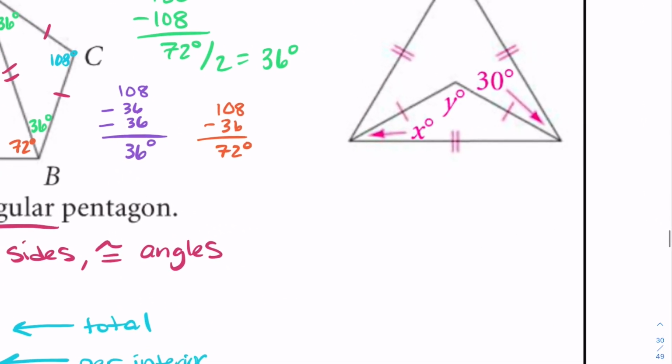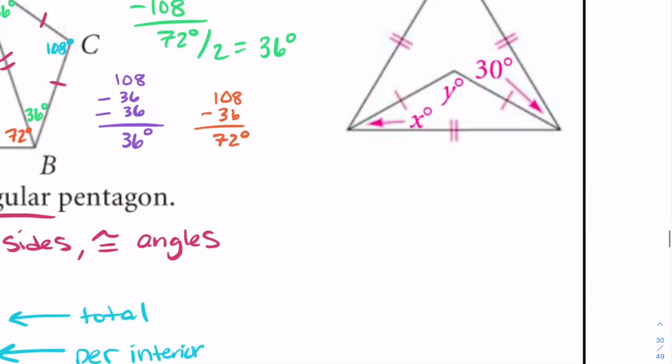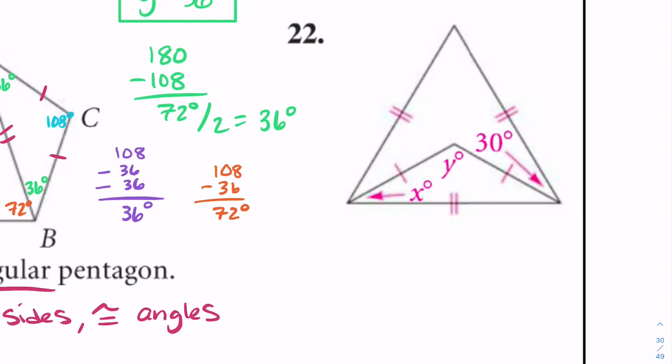Okay, here we have 30 degrees. We got an isosceles triangle here. We have an isosceles triangle here. We also take a look at this: two tick marks, two tick marks, two tick marks.